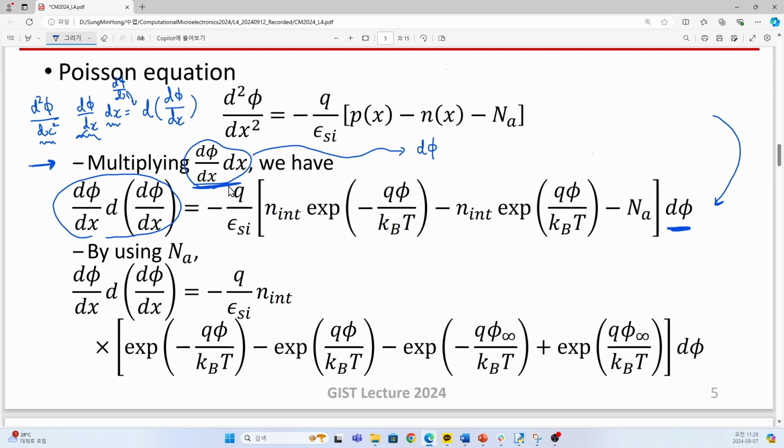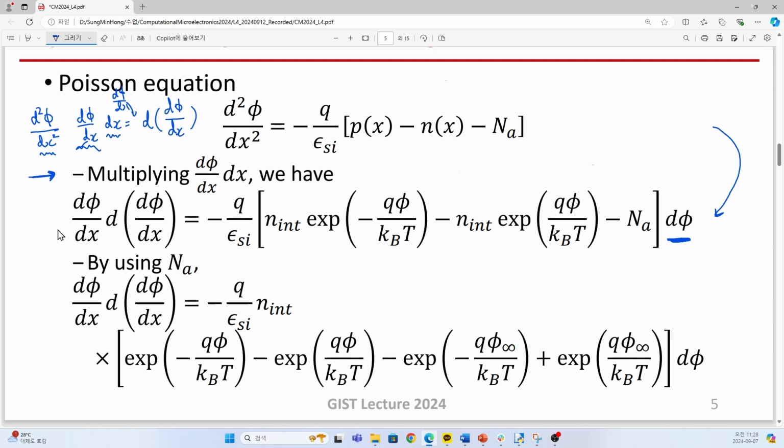Okay. Why are we bothered with this complication? It will become clear later. It gives us quite much simplification of the problem. Okay, looks quite complicated, but now let's move on.